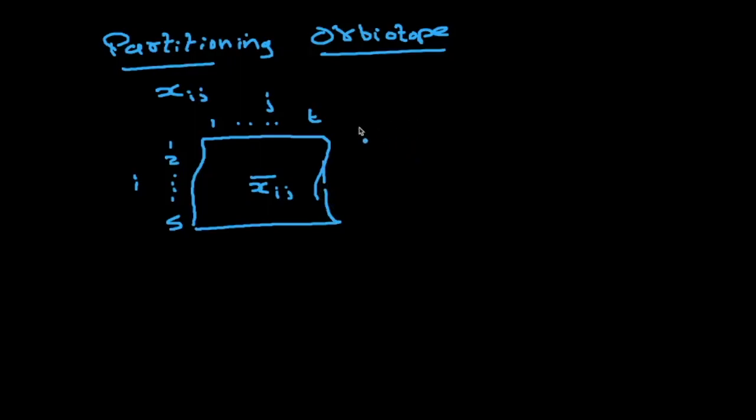Now the symmetry part is that we can permute amongst the subsets, right? We can permute these columns in any possible way, and whatever remains is also a feasible solution, and that's the symmetry. So we want to break that. How do we break that? We assign some value to a column, let's call it vj.